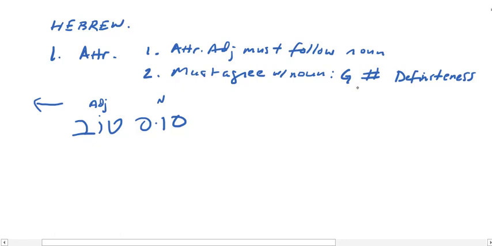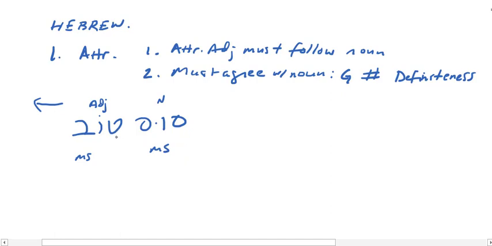Does it agree with the noun in gender, number, and definiteness? Well, what gender and number is sus? It's masculine and singular. What gender and number is tov? It is also masculine and singular, right? They both have zero ending. Is sus definite?